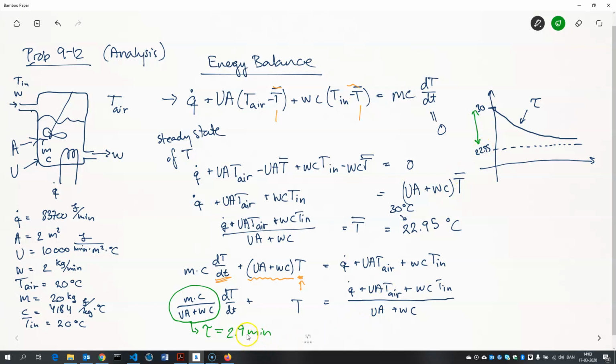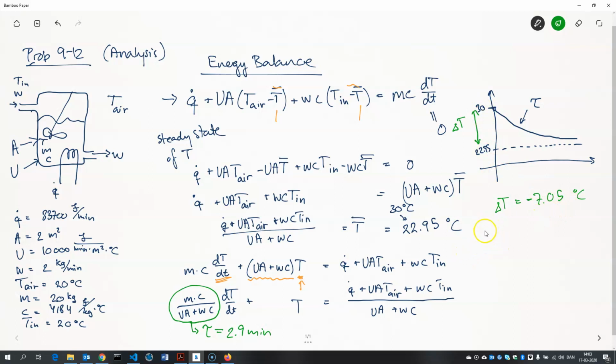What does that actually mean? Well, the change here, we could call it delta T. The change is 7.05 degrees Celsius, or rather minus 7.05, because it's dropping from 30 to 22.95.